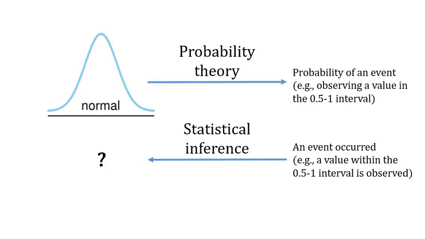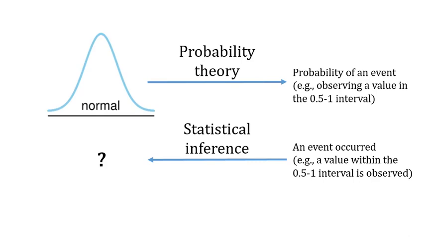For example, if we know a probability distribution, we use that distribution to determine how probable it is to observe a value between 0.5 and 1. So that's what probability theory allows us to do.